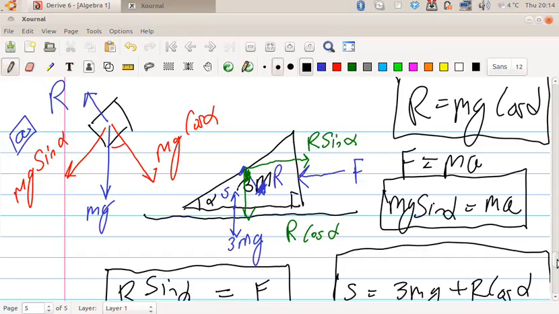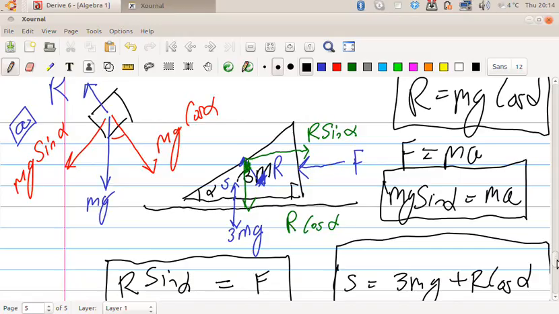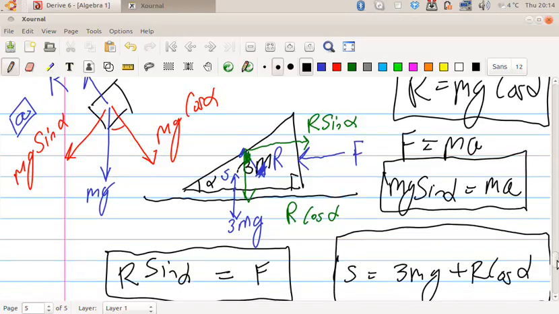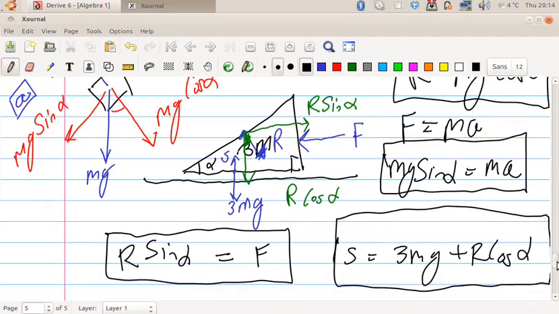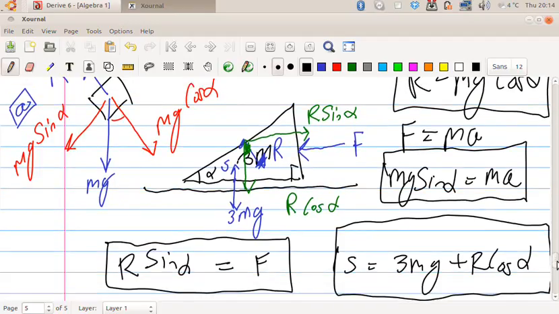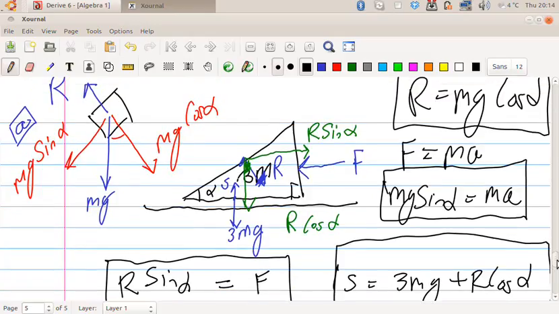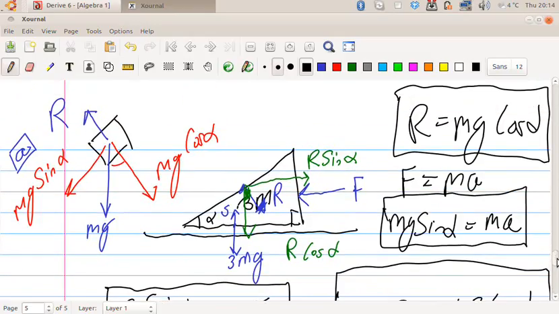So how can I put these three together to get what I want? Don't like the S there. Let's have a think about this. There's no F in it. You could find the m in terms of R.